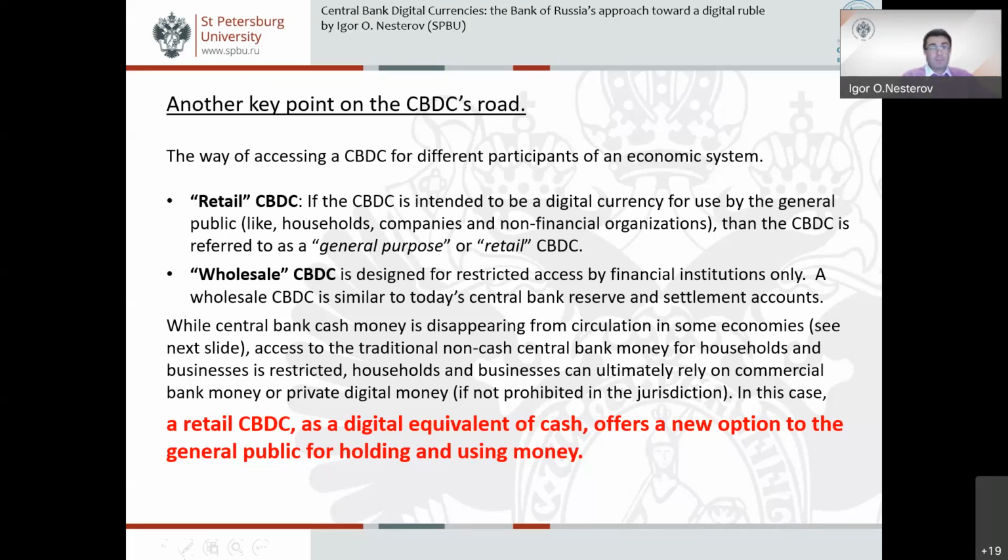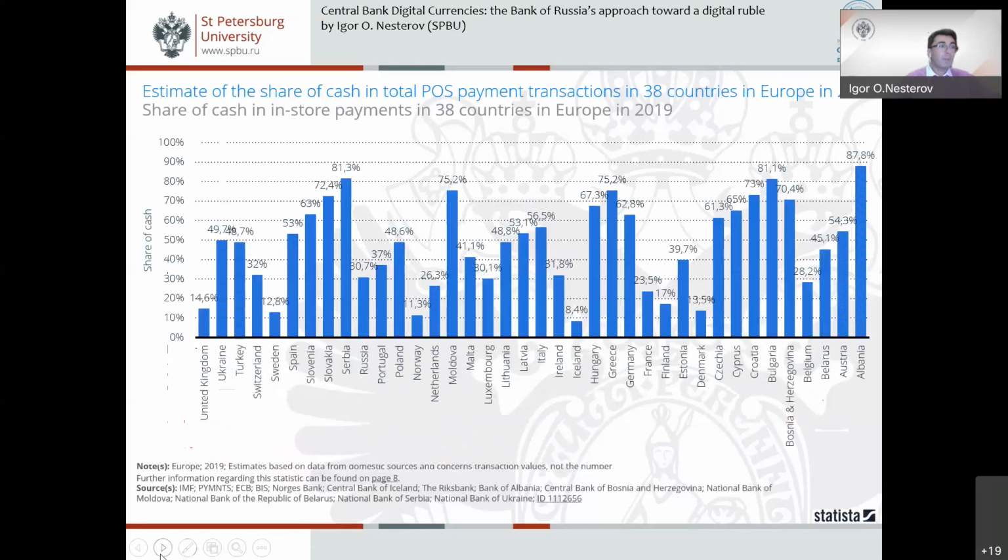But as you probably know, in some economies the use of cash is decreasing rapidly. For example, from 2016 to 2020, the share of cashless payments for goods and services in retail trade, catering, and paid services in Russia increased significantly from 39 to almost 70%.